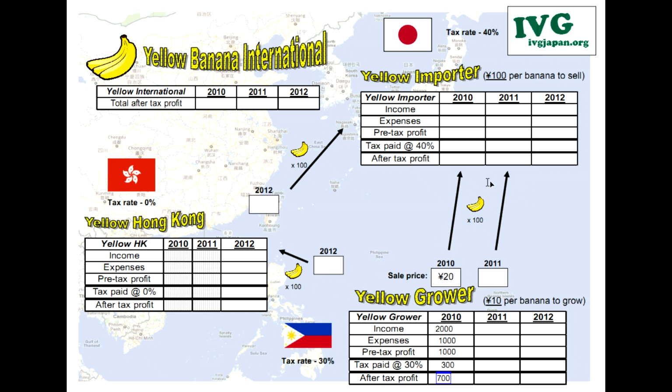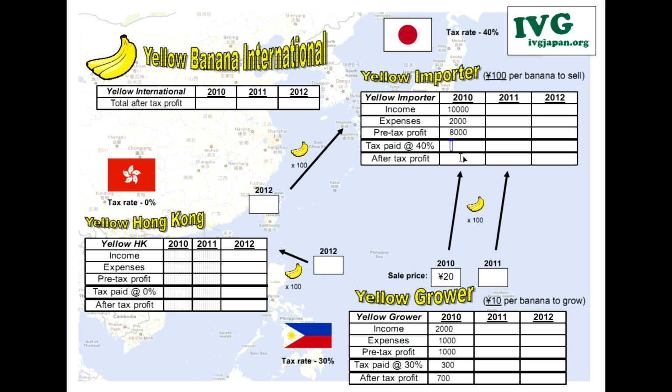So let's just complete the year for 2010. So we go up to the Japanese company. Their expenses for the year, well, they've bought the bananas for 20 yen per banana, so they've got expenses of 2,000. And now the Japanese company sells their bananas for 100 yen per banana, meaning an income of 10,000 yen. This means a pre-tax profit of 8,000. And this is where the maths gets a little bit more complicated. The corporate tax rate in Japan, in this example, is 40%.